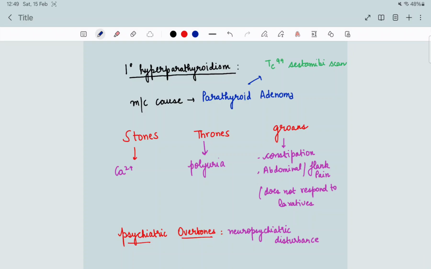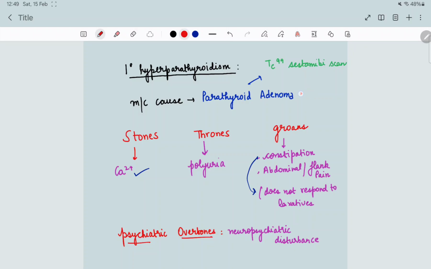It is also written in Robbins. From stones you have calcium stones, thrones means polyuria, groans means the patient will groan with pain. It is abdominal or flank pain and constipation. But the very important point is that this constipation does not respond to laxatives. And psychiatric overtones means there are many neuropsychiatric disturbances.